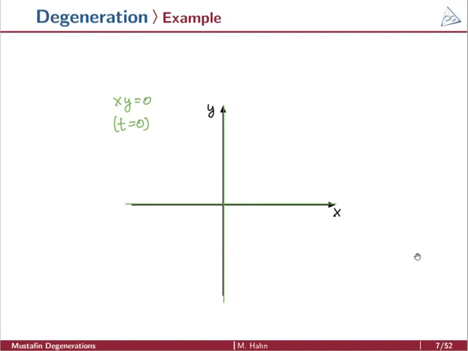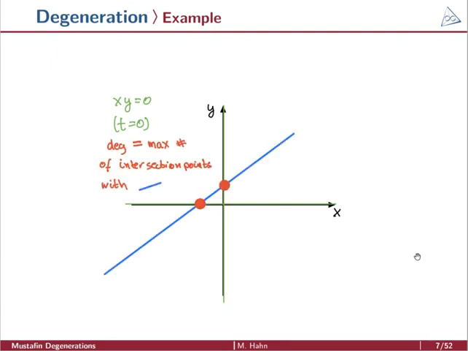This limit is a curve, but it's also a combinatorial object because it's a line arrangement in the plane. And what is the degree of a line arrangement in the plane? Well, the degree was the maximum number of intersection points with a line. Two different lines in the plane intersect in at most one point. We can't allow the blue line to be the same as the green lines in this curve.